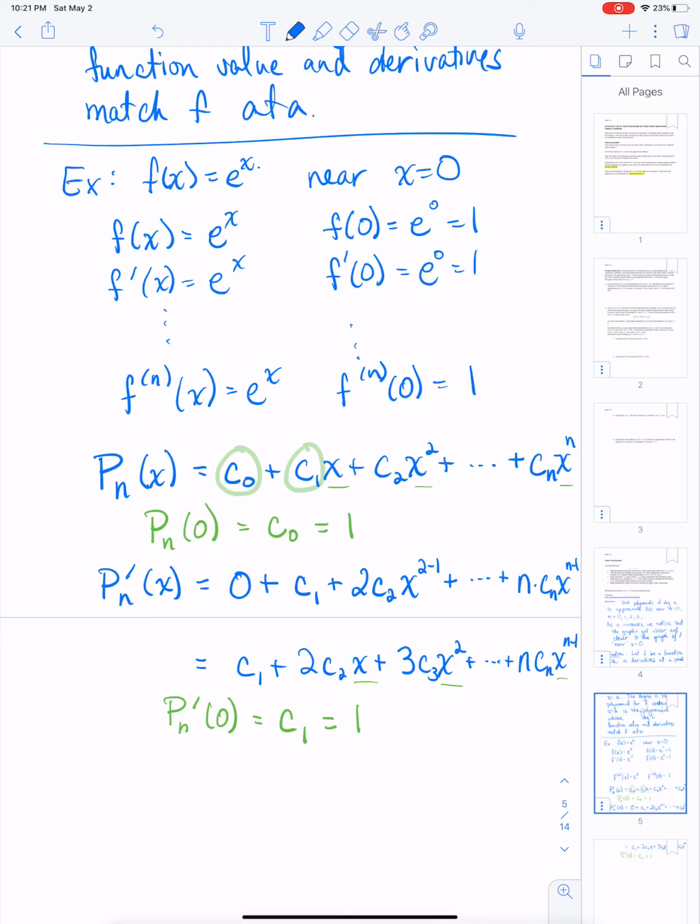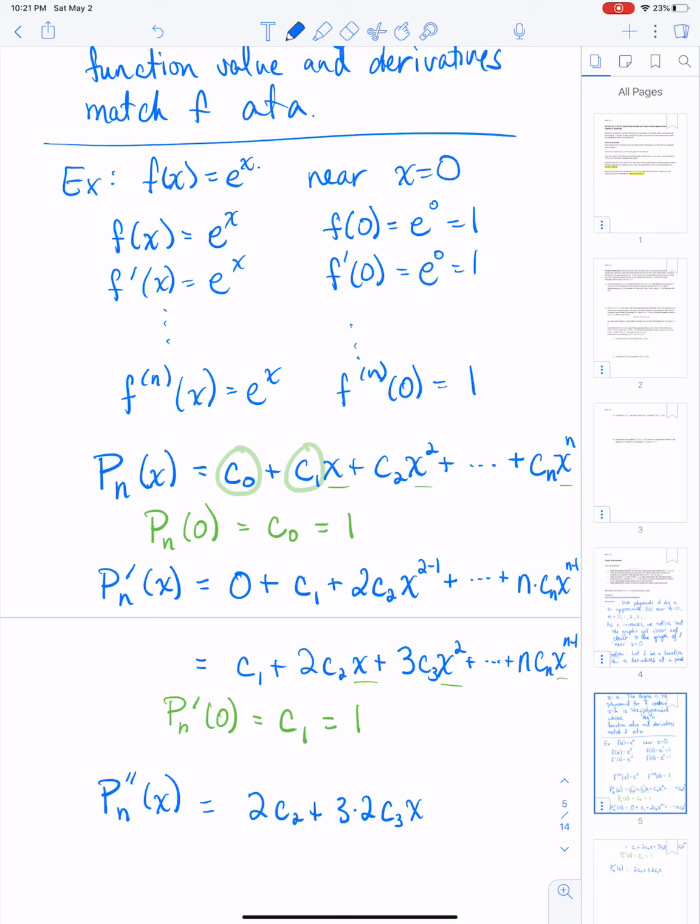We'll talk about why that is in just a moment. So Pn double prime. So now we're going to take the second derivative, and this is just 2C2 plus 3 times 2 times C3 times x, right?